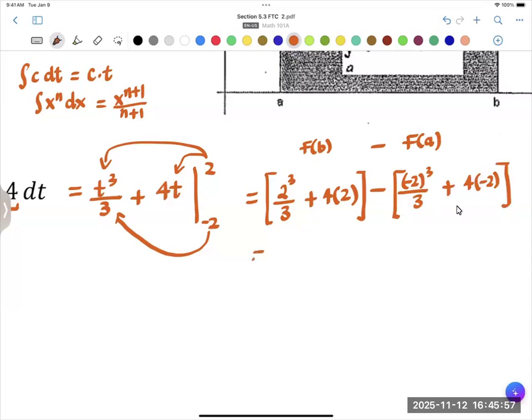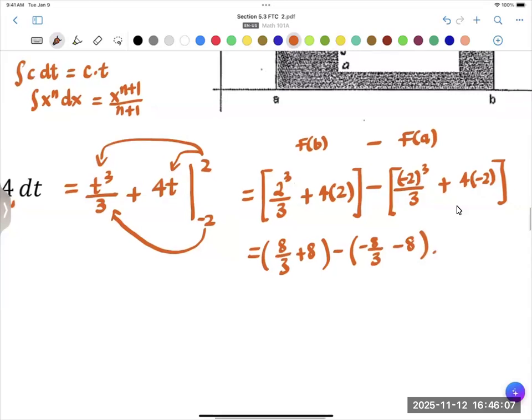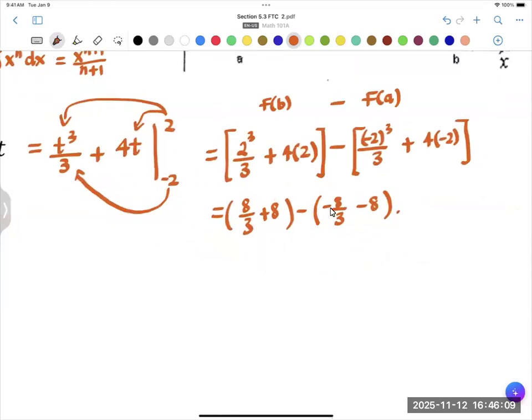And we're going to have 8 over 3 plus 8 minus -8 over 3 minus 8. And then be careful, because there's a lot of common mistakes from here, because there's a subtraction right there. So we're going to have to distribute the negative to the numbers. So we have 8 over 3 plus 8 over 3 plus 8 again.